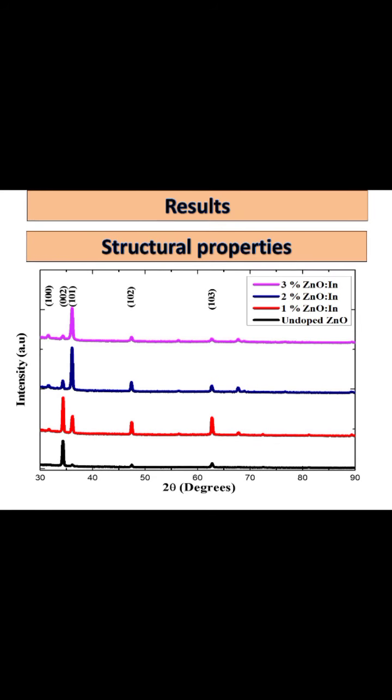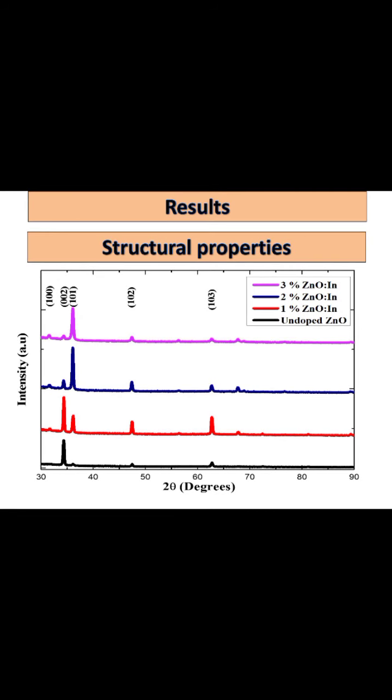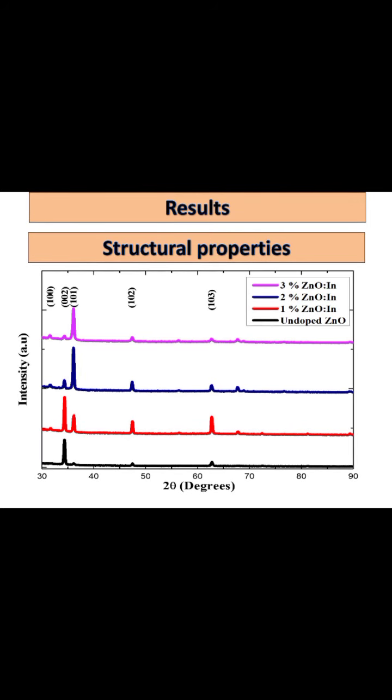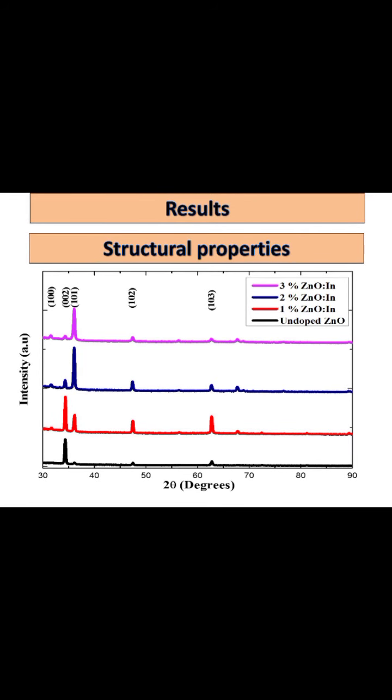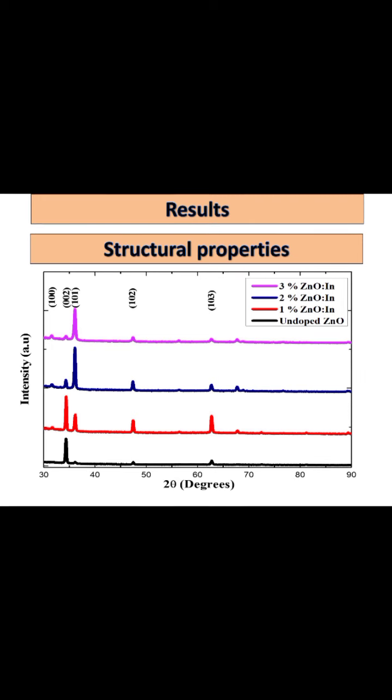In Figure 2, we show X-ray diffraction of undoped and indium-doped zinc oxide films on glass substrate at 450 degrees Celsius. X-ray diffraction allows us to obtain information on phases present, residual stresses, microdeformations, and crystallographic orientations.